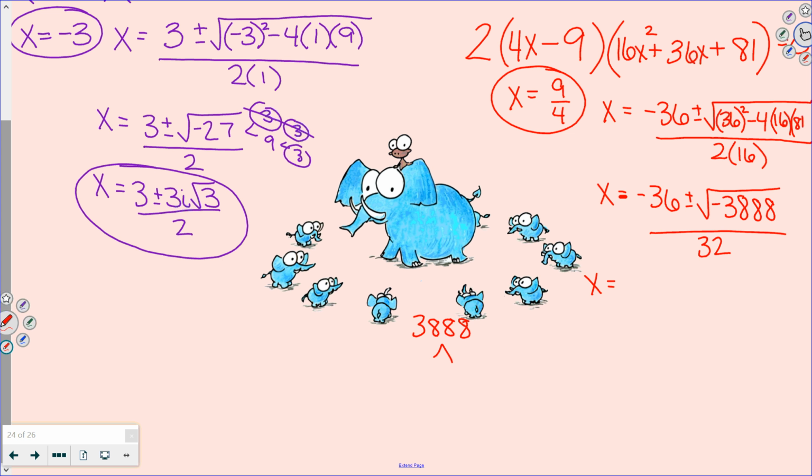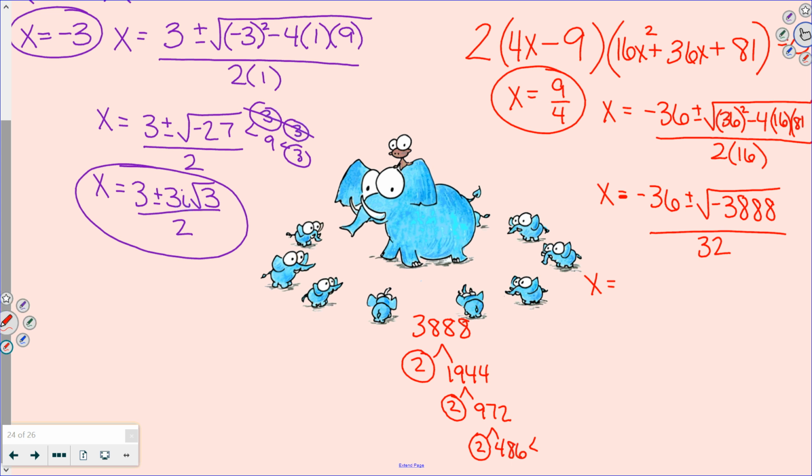So we are doing the factor tree on that lovely number. Just to make you all angry, I'm going to go 2 and 1944. I'm going to divide by 2 again because I think that's fun. 2 and 972. Divide by 2 again. 2 and 486.